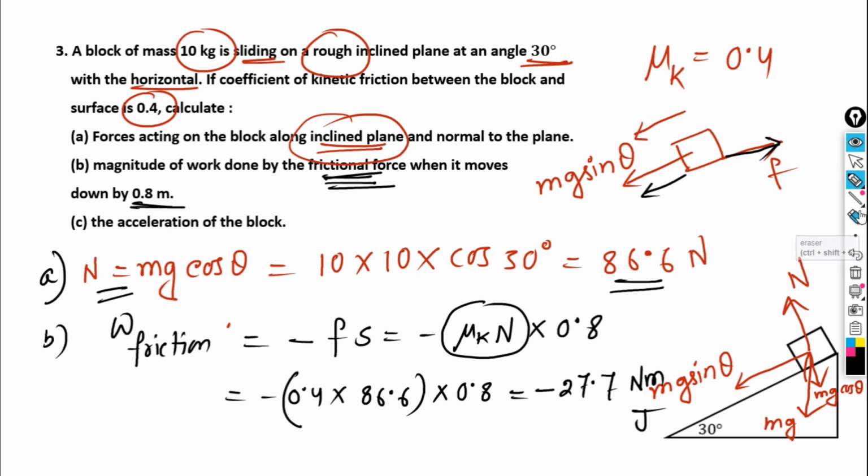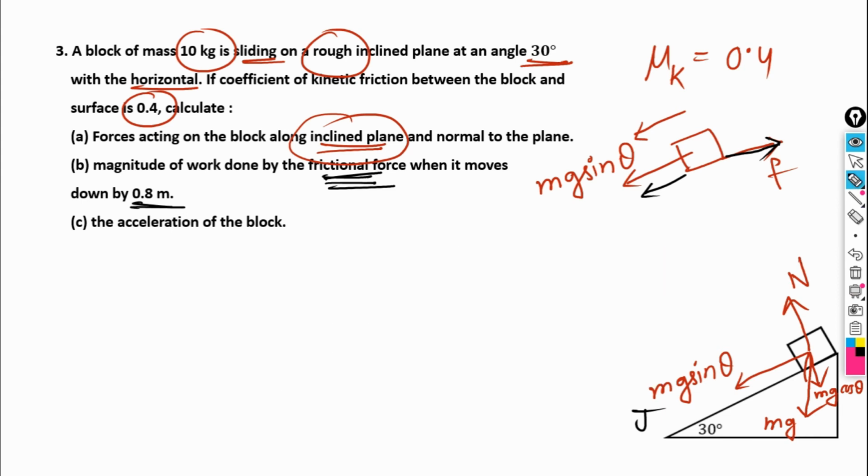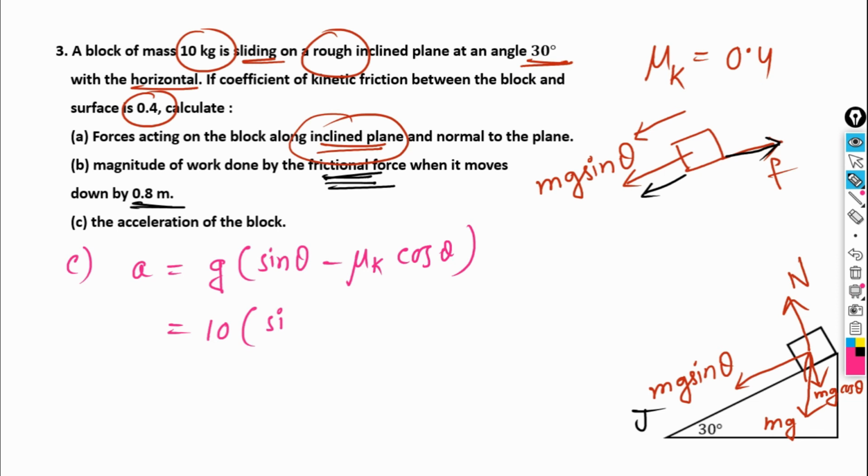Third question is the acceleration of the block. Question C is acceleration. For acceleration you can use the formula g sin theta minus mu k cos theta. So g sin theta means 10 sin 30 degree minus mu k, 0.4, into cos 30 degree.